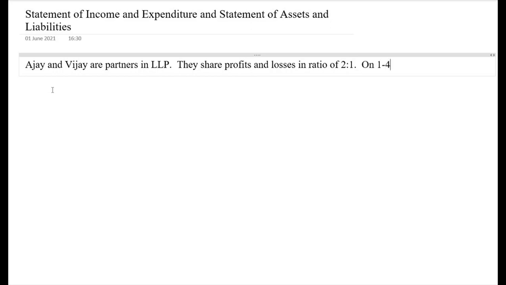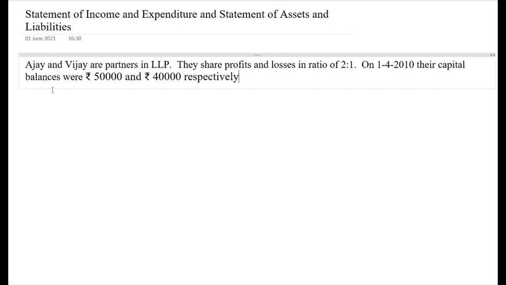On 1/4/2010, their capital balances were rupees 50,000 and rupees 40,000 respectively.